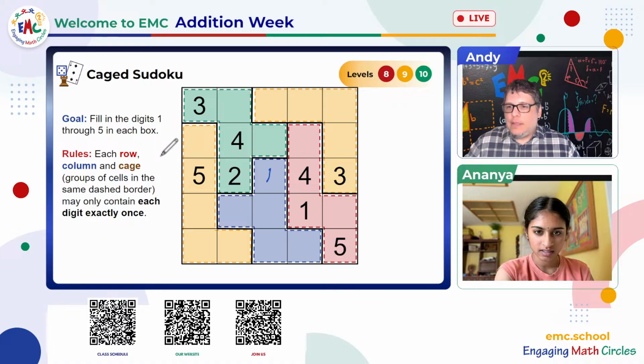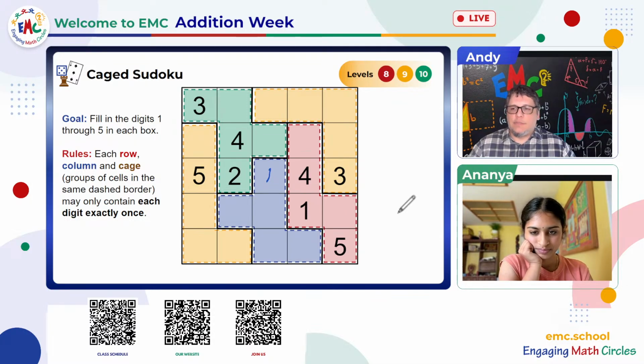If you're watching in chat, you can play along with us. You can tell us where you'd like to put a number. So say you wanted to put a number here, you could say the number above the red 5 is blank. Just put that in chat and you can play along with us at home.